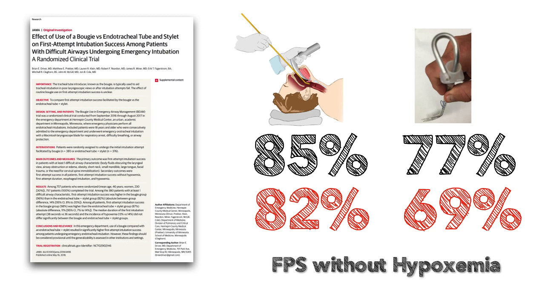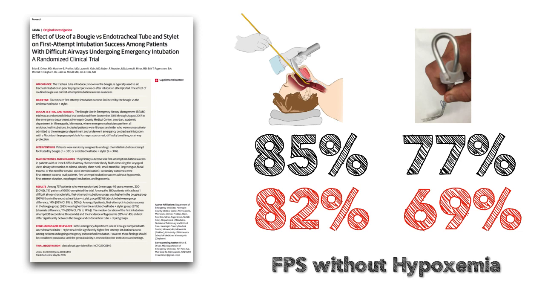And for those with some features of difficulty, it was 82%. And that was in the routine bougie use group. Compare that to the stylet group, again giving significant support to using a bougie routinely when doing an emergency intubation.